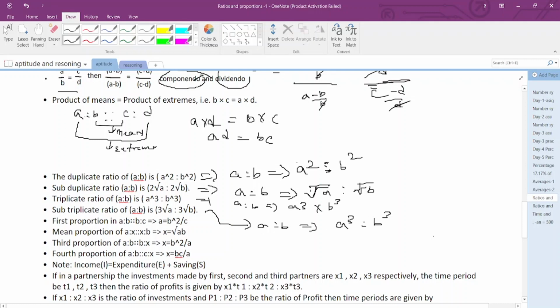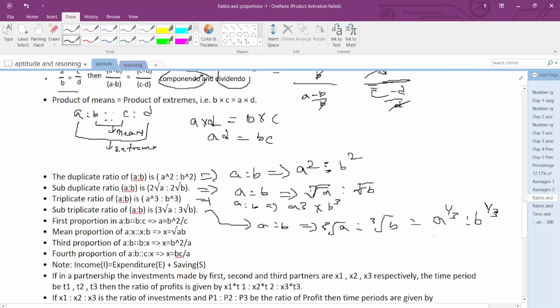Sorry sir, it's a sub duplicate, right? Cube root a is to cube root b, which means a power of 1 by 3 is to b power of 1 by 3. Understood? So this is what duplicate ratio, subduplicate, triplicate and subtriplicate ratios mean.